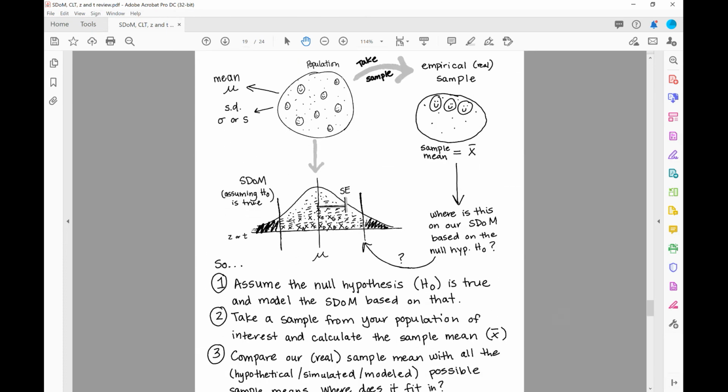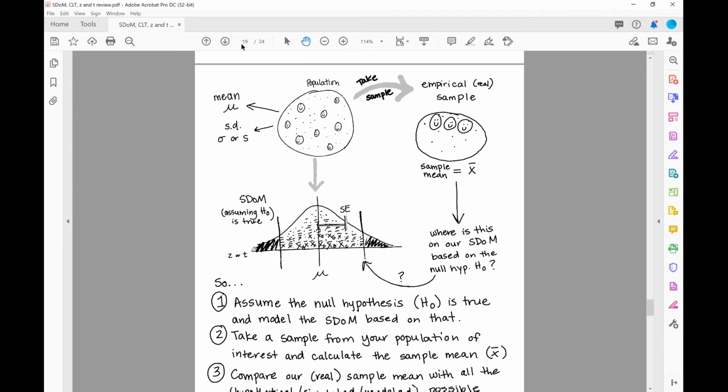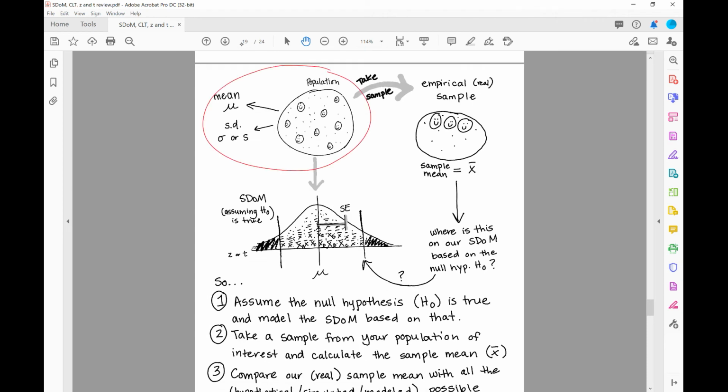But we want to see, okay, we have some population that we really don't know something about. We think something about it, but we're going to assume the opposite. We build a model that we can compare to based on this opposite thing, this null hypothesis. Then we gather a real sample and we see how that sample turned out.